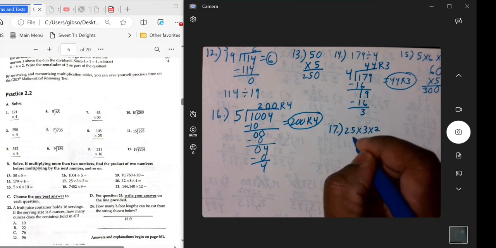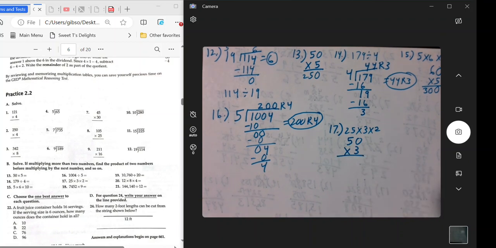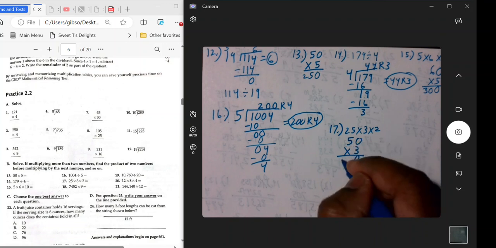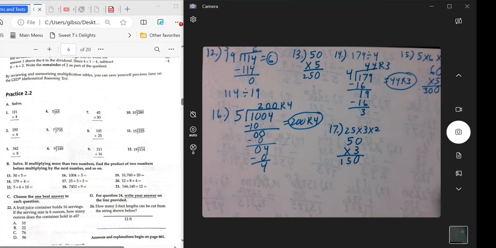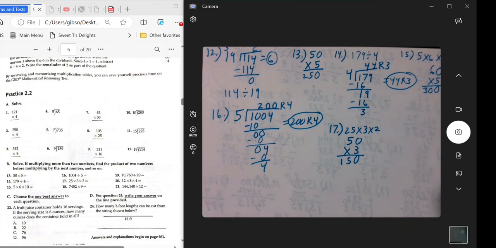So we would do 50 times 3. And that makes it easier to multiply. 3 times 0 is 0. 3 times 5 is 15. So we have 150. Now again, you can only multiply like this, in any order, if it's all multiplication. Now, if there was an addition or subtraction sign there, you could not do what I just showed you. It has to be all multiplication.